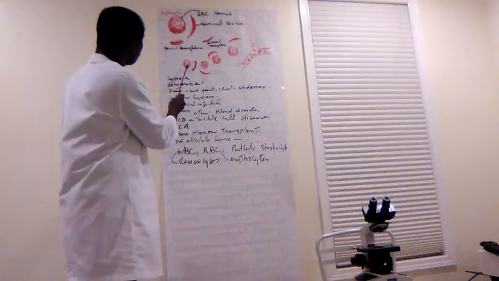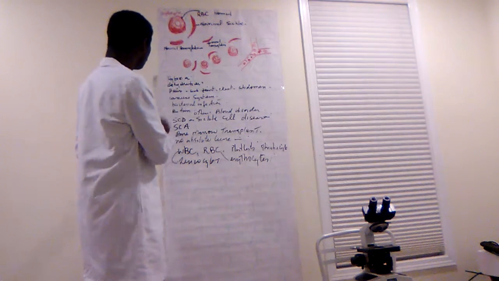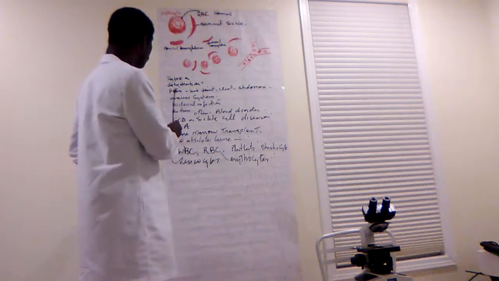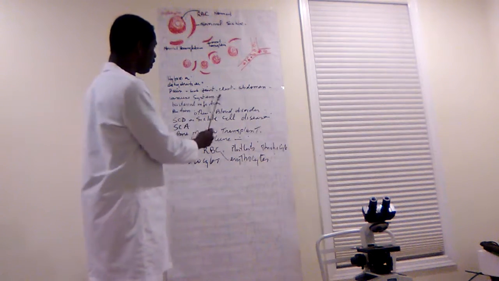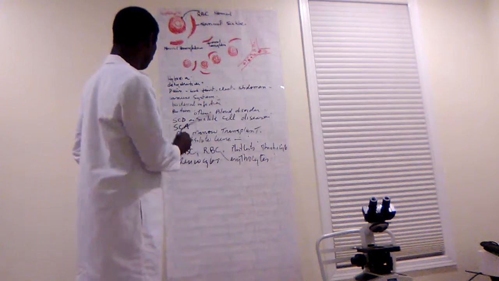Now, major symptoms in sickle cell disease or sickle cell anemia would be hypoxemia, dehydration, and severe pain in the joints, the chest, the abdomen, or other parts of the body.